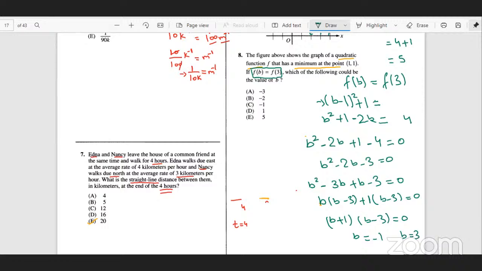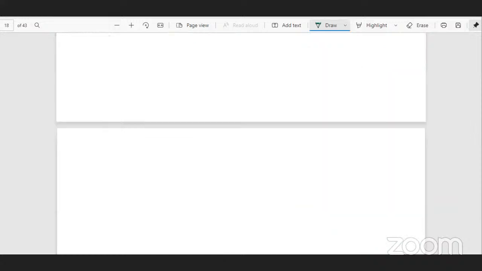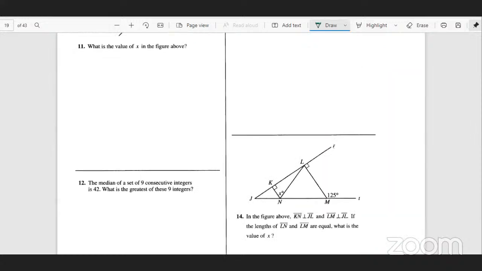So clearly the choice would be b equals minus 1, because we already had f of 3, which means they have used b equals 3, and we are left with b equals minus 1. So C would be the choice, right? Okay. Let's talk about the 9th question now.